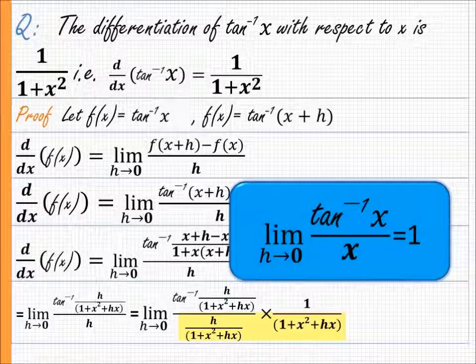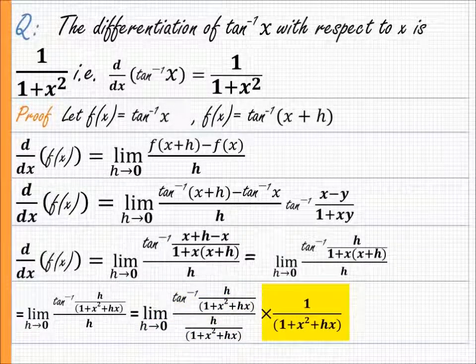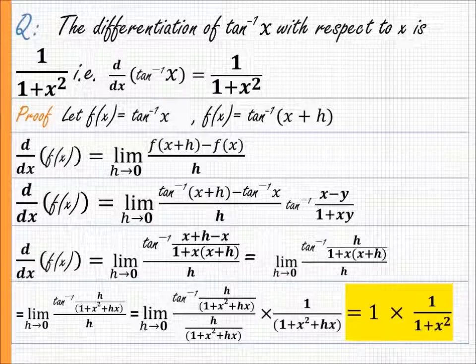So now this limit h approaches 0, tan inverse of h upon 1 plus x square plus hx divided by h upon 1 plus x square plus hx, is equal to 1. And when limit h approaches 0, then 1 plus x square plus hx will be equal to 1 plus x square. So now the derivative of f of x with respect to x equals 1 into 1 upon 1 plus x square.